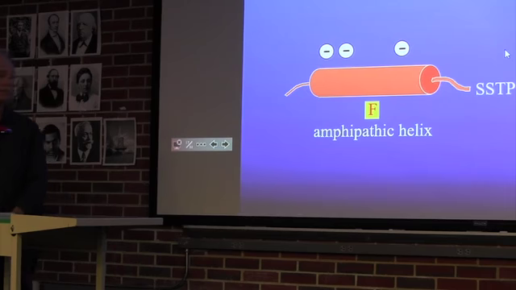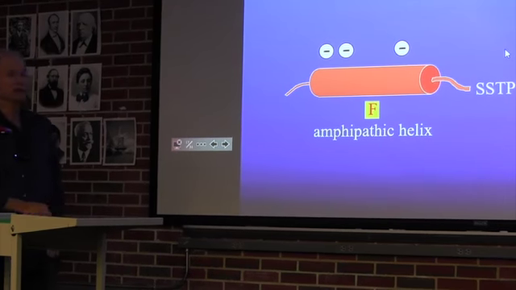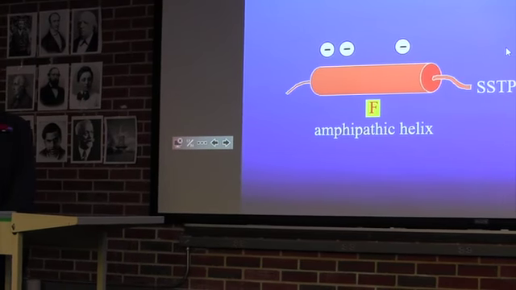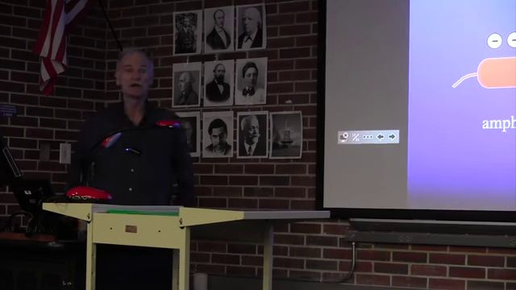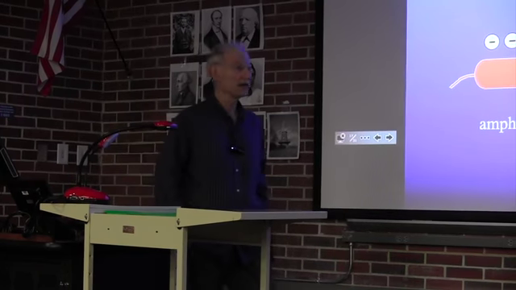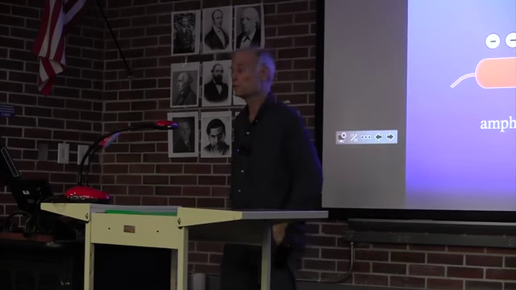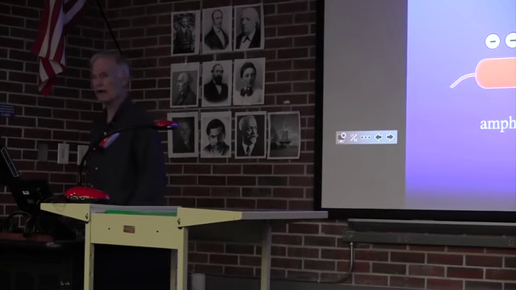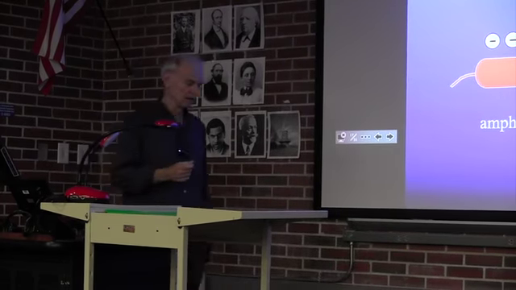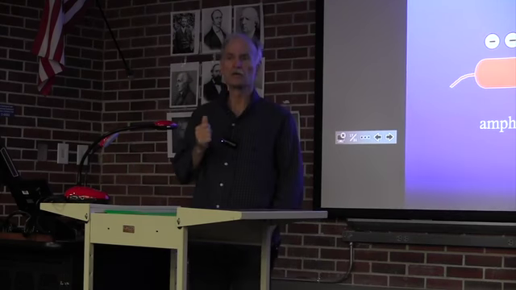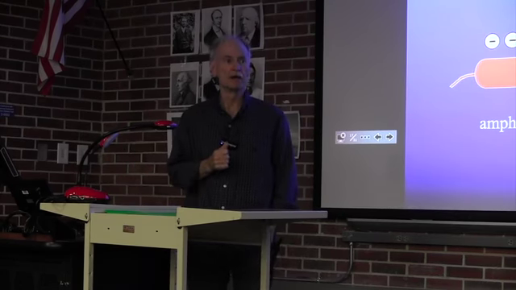This is an amphipathic helix. Amphipathic helix. This is a diagram of one that's really, really strong. This is the one that causes the fever blister and other kinds of herpes. The herpes activator is very strong. A lot of virus activators are really, really strong.